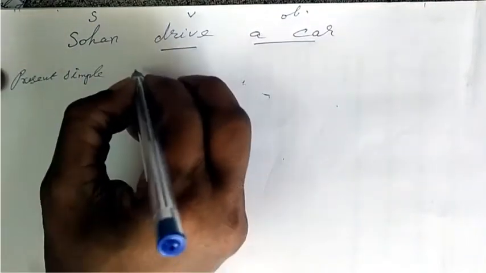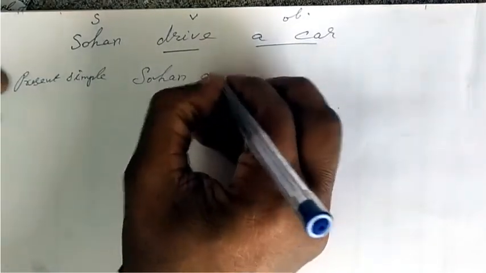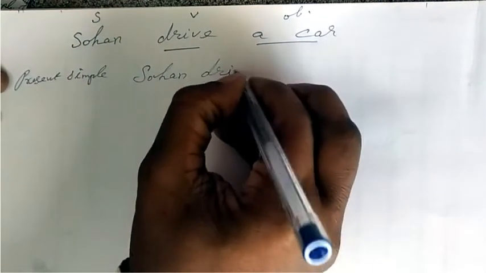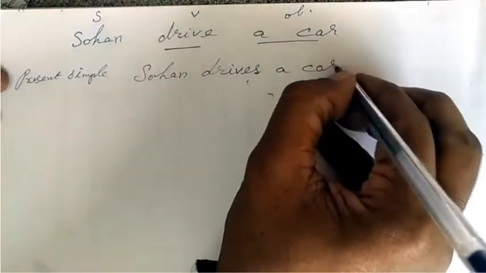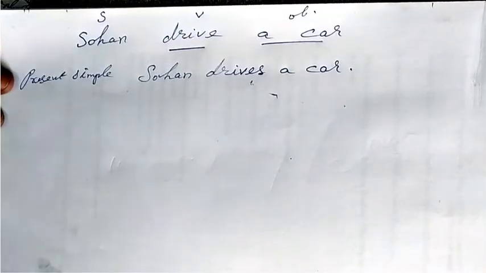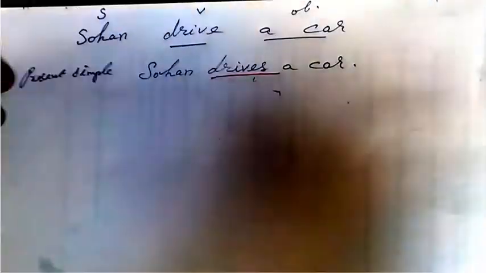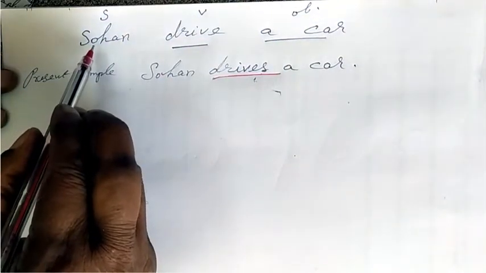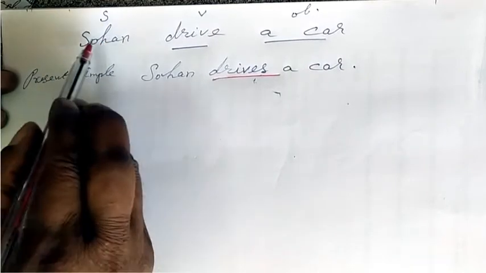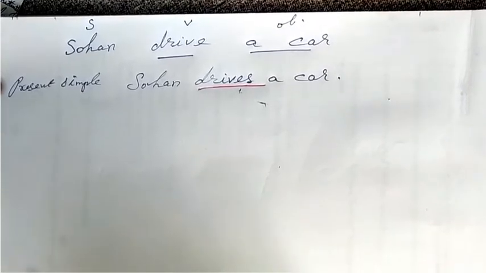In that case it becomes Sohan drives a car. Now the verb now has taken one S. This is because Sohan, the subject, is 3rd person singular. Naturally you will ask, which are the 3rd person singular?